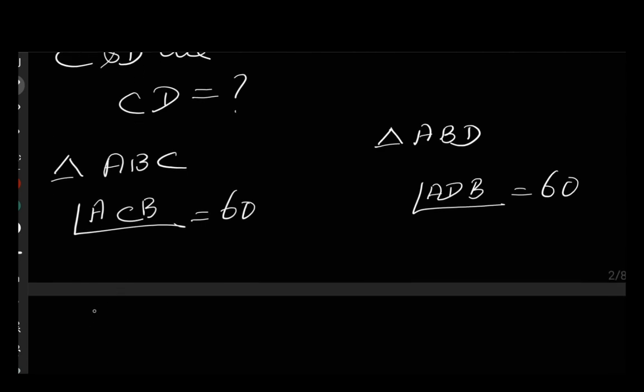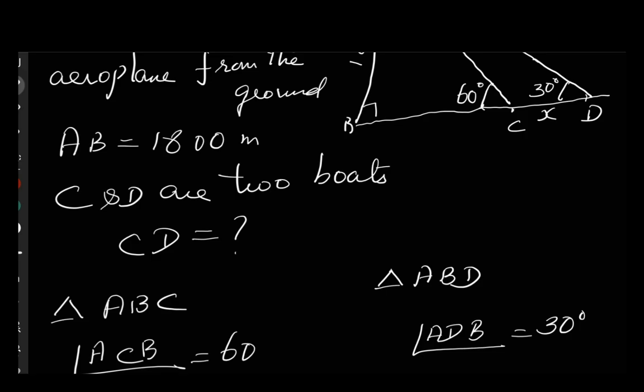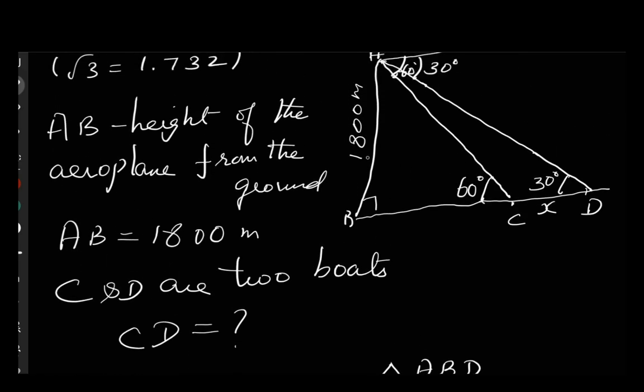Take tan 60. Tan 60, sorry, this is 30. Tan 30. Tan 60 is opposite side by adjacent side, AB by BC.